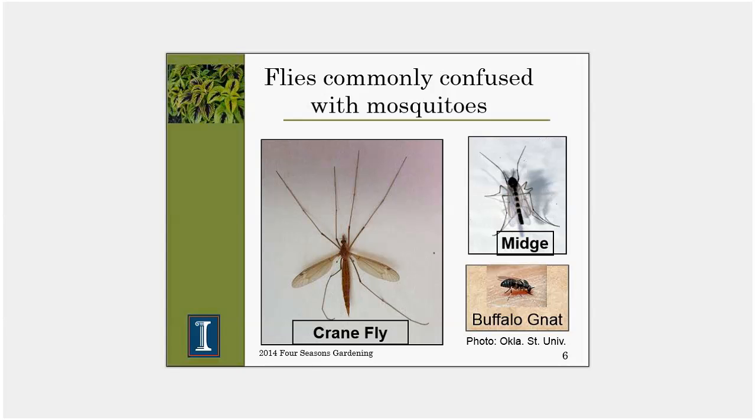Crane flies will feed on micro predators, feeding in riffles of streams and around the edges of streams. Buffalo gnats are filter feeders and rely on very high quality water conditions. If there's pollutants in the water, it tends to kill them because they're filtering out chemicals as well as their food.